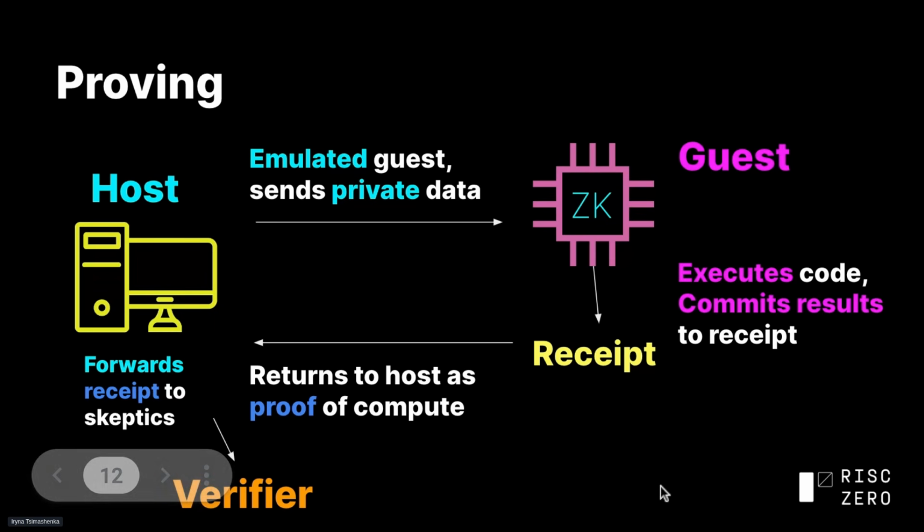Then there is a receipt, the object that contains the ZK proof of the correct execution of your guest program, which is a journal and a seal. So these are a couple of the main terminologies and definitions that we're going to use throughout this workshop.